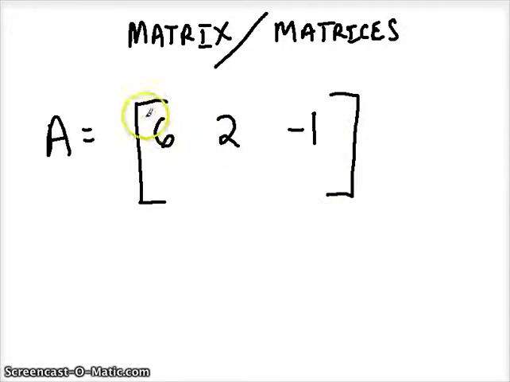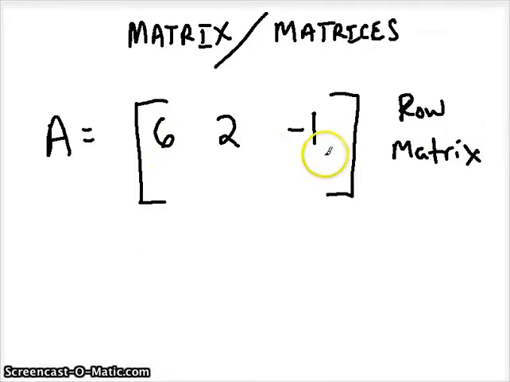This is specifically called a row matrix because it only has one row. Rows go from left to right. That's how we define rows. And we would call this matrix, we could call it A. Say that matrix A is this table or this set of data.